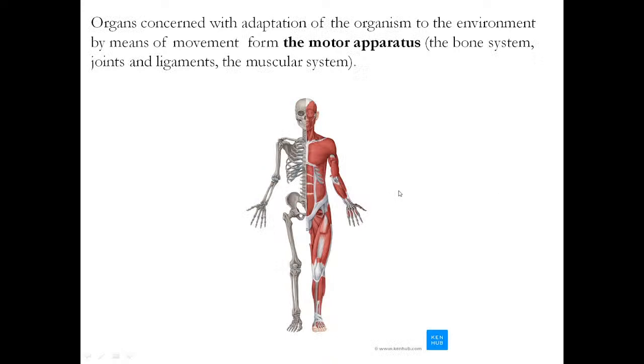Organs concerned with adaptation of the organism to the environment by means of movement form the motor apparatus. The motor apparatus includes the bone system, muscular system, joints and ligaments. You see the motor apparatus.